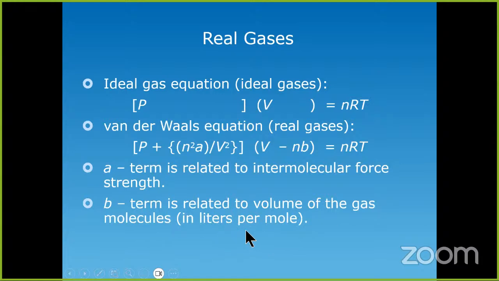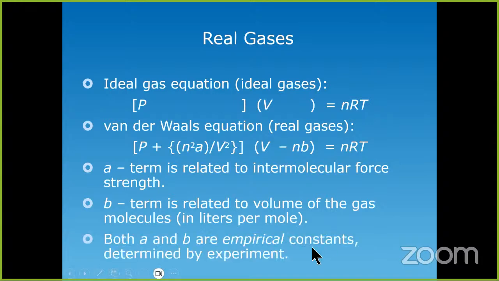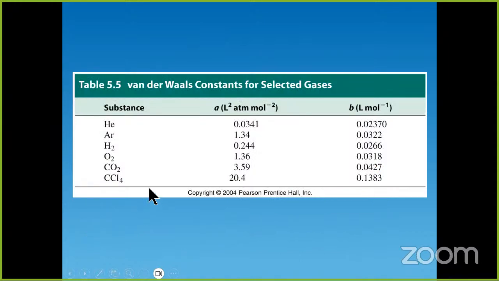So the a and b terms are dependent on the kind of gas and can only be determined empirically by experiment, right? And I think the next slide is a table which contains information about different gases and their a and b terms, right? So if you want to use the van der Waals equation, then you have to use these constants for these different gases, because different gases have different constants for a and b.